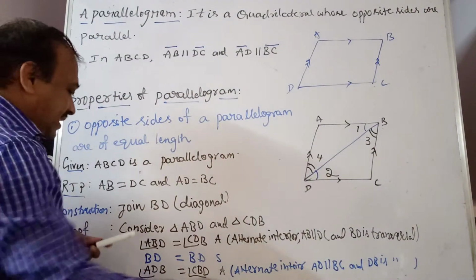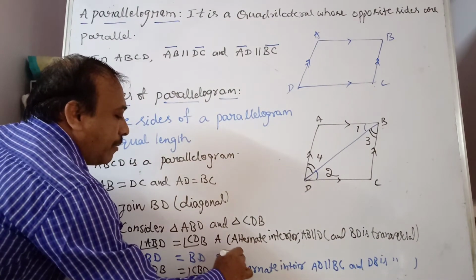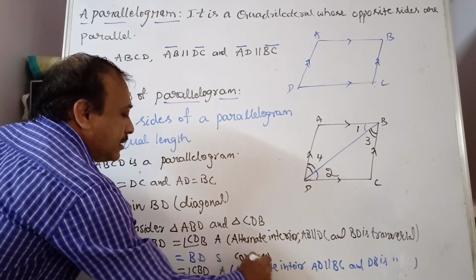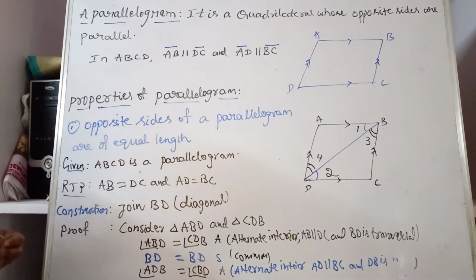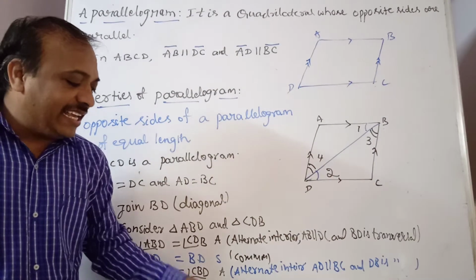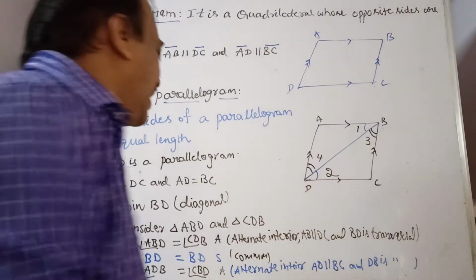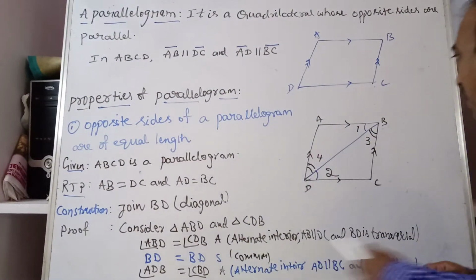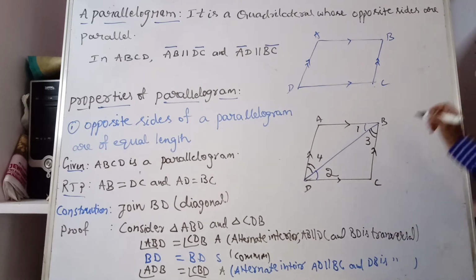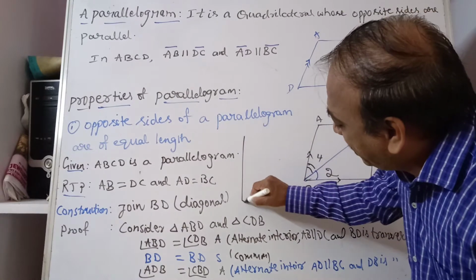Here why is this side equal? Common side. So now which criteria? ASA criteria. The two triangles are congruent by ASA criteria. Here I am writing for that.